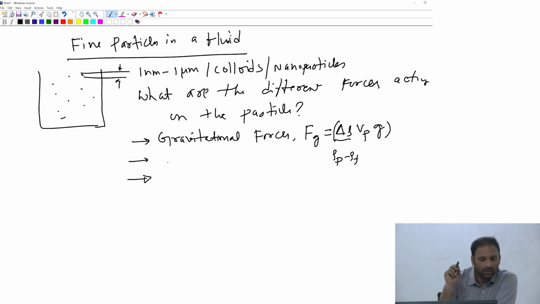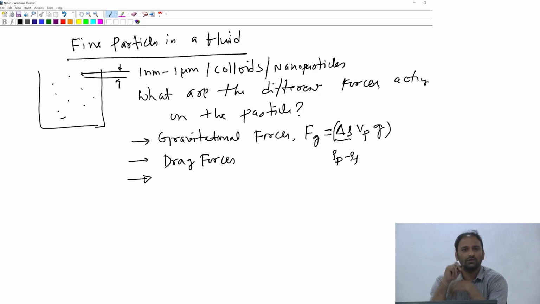Somebody says drag force. Do you think there's going to be a drag force? You have learned that the drag force comes into picture whenever there's a relative motion between the particle and the fluid, especially when you take these tiny particles, 1 nanometer or 1 micrometer.